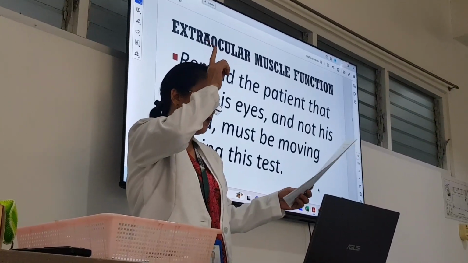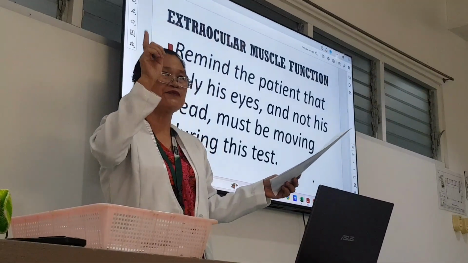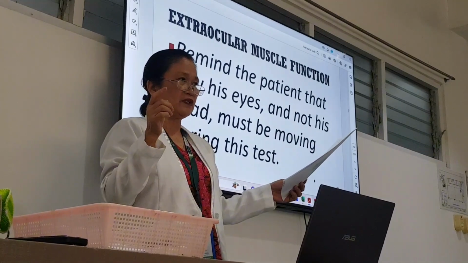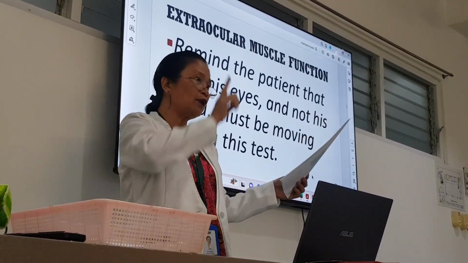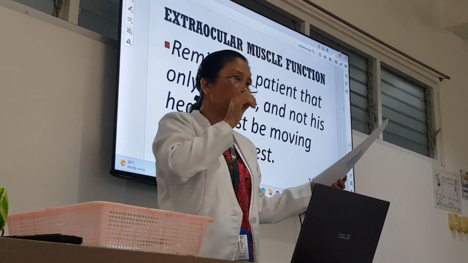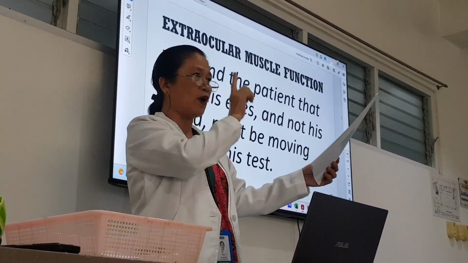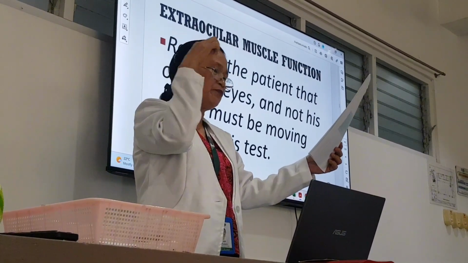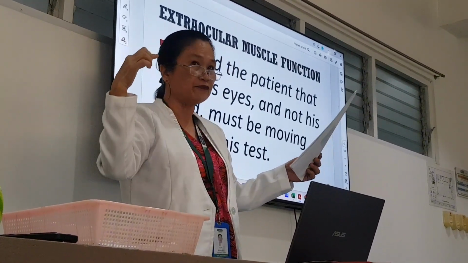The cranial nerves functioning here are 3, 4, and 6. Inferior rectus is downward movement. Medial rectus is inward movement, and lateral rectus is outward movement.